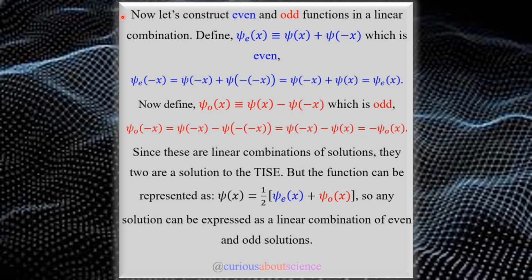Alright, so now we need to construct the linear combination, now that we saw how powerful it was in part B, to make an even and an odd function in this linear sense. So let's define psi e of x to be psi of x plus psi of -x. Remember, this was an admitted solution, and this too was an admitted solution when we had an even potential.